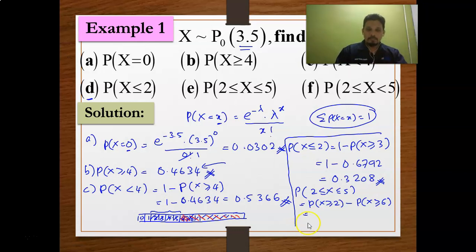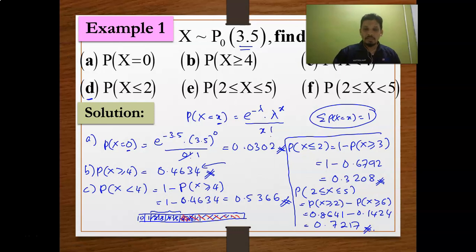Minus, for x greater than or equal to 6, 0.1424. Then we get the answer of this one, which is 0.7217.